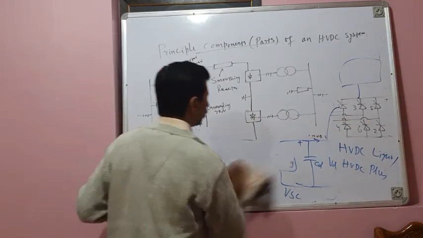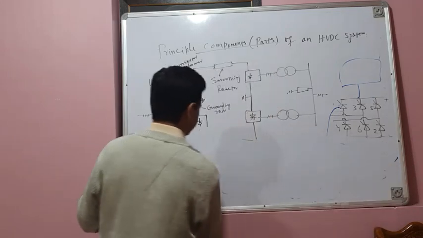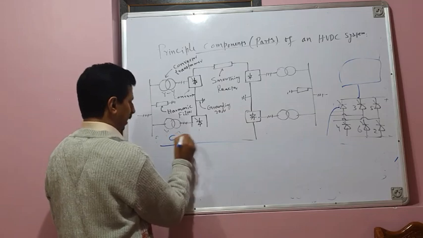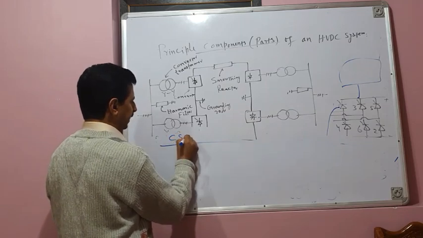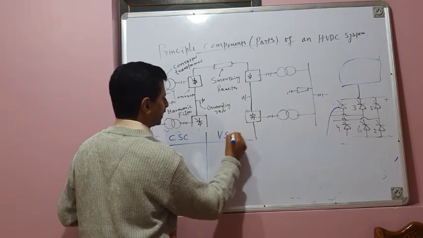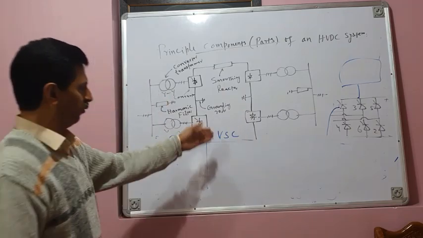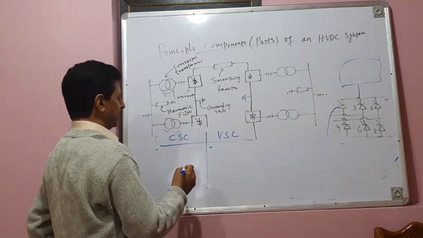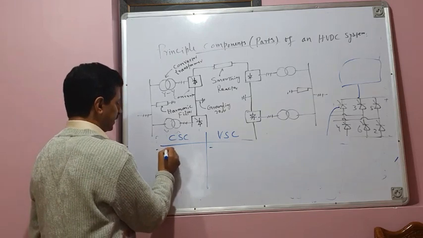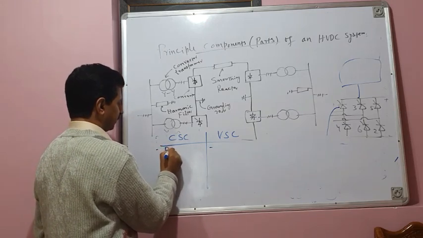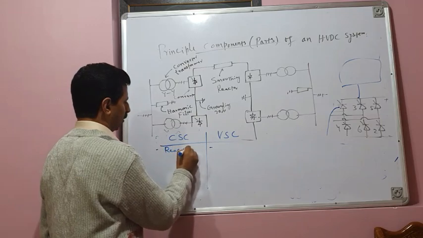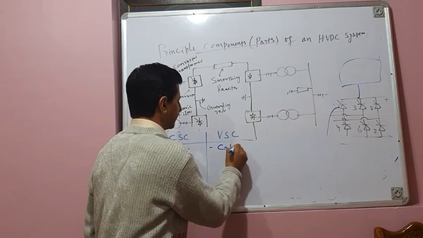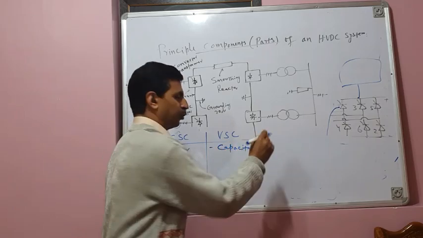Now, if you draw the comparison between these two converters, I can tabulate that. This is CSC, current source converter, and in the second column, I have VSC, voltage source converter. The first point of comparison is that the current source converter uses a reactor or inductor, and the voltage source converter uses a capacitor across its DC output.